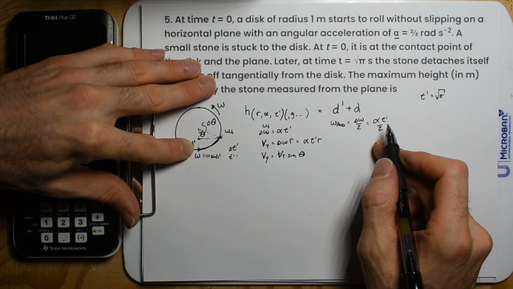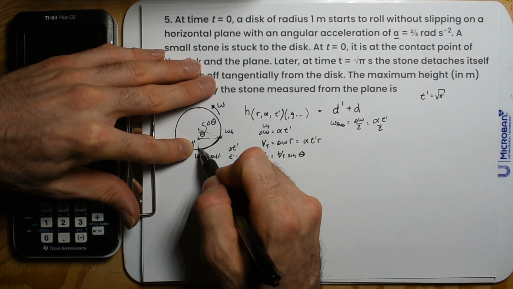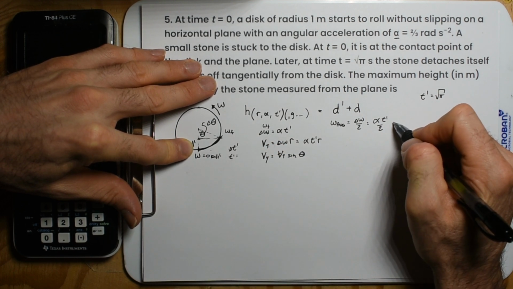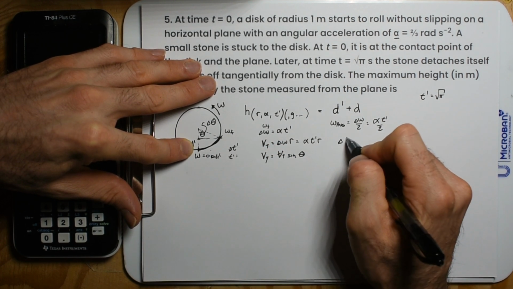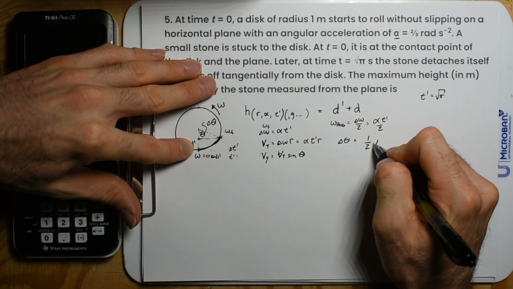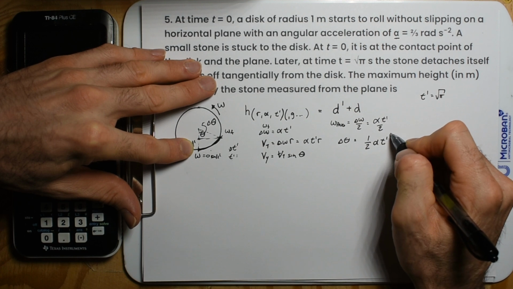That's our average speed, and over the course of that time will be our distance. So our distance, our change in angle, will be 1/2 alpha t prime squared.